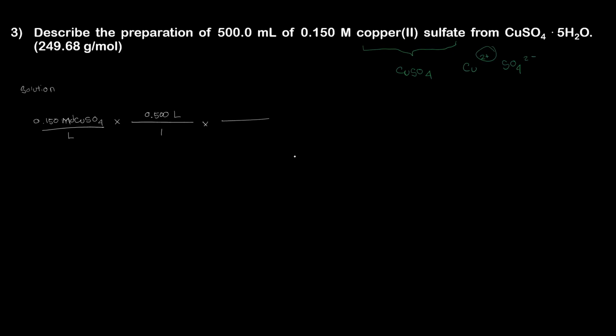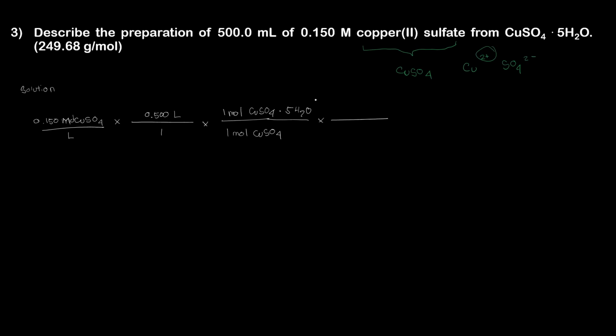Next would be the mole. 1 mole of CuSO4 is still 1 mole of CuSO4·5H2O.